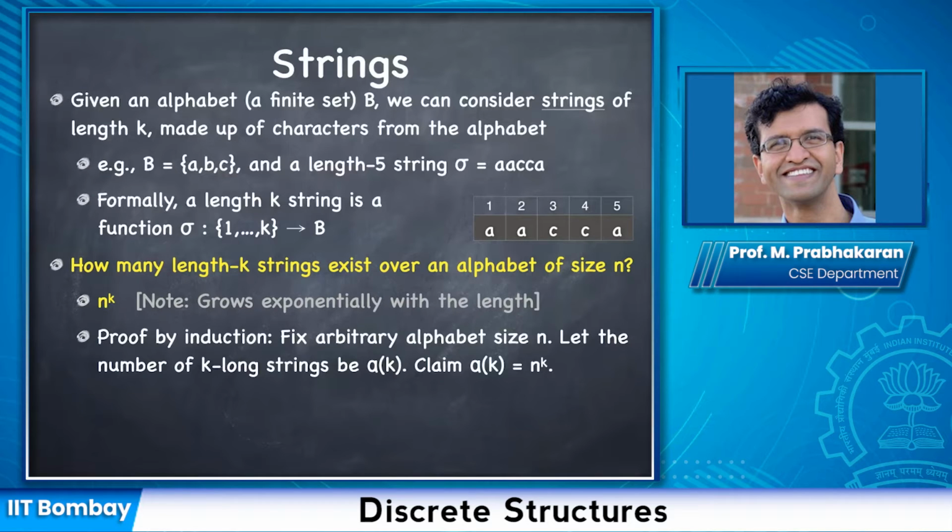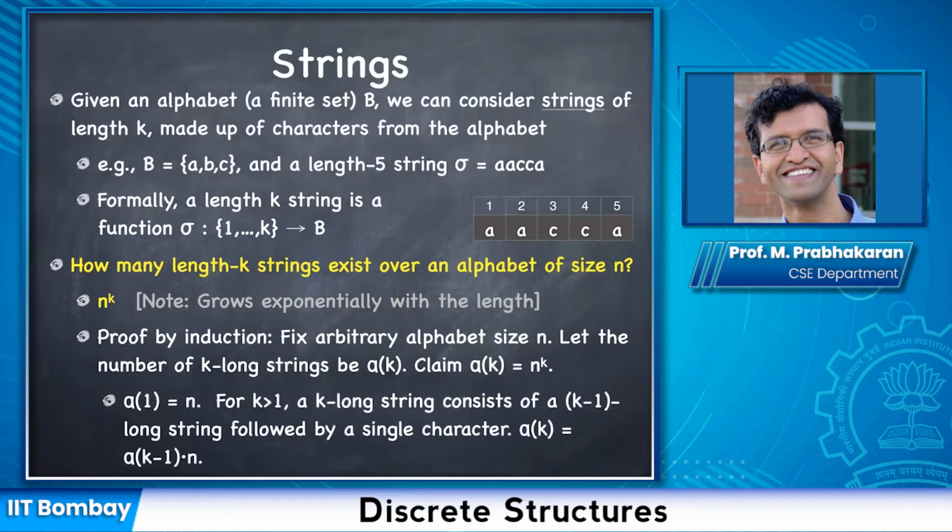How do you formally see that n to the k is the answer? A simple way is to prove by induction. You can induct over k, the length of the strings. You fix any alphabet size, so you fix n, and denoting by alpha k the number of strings of length k over this alphabet, the claim is alpha k is n to the power k.